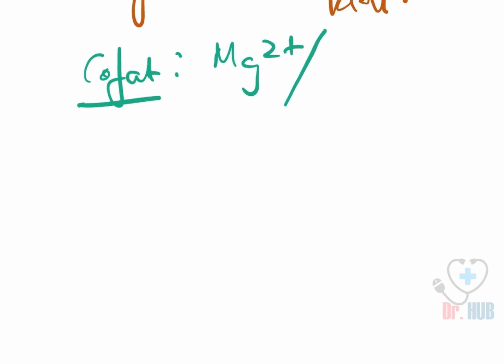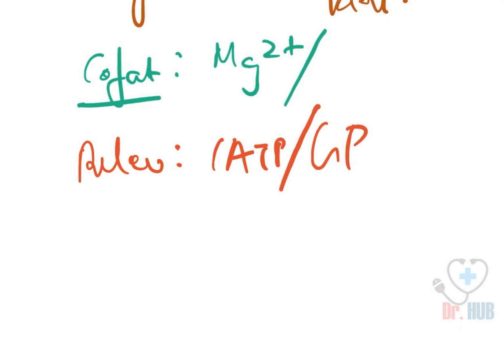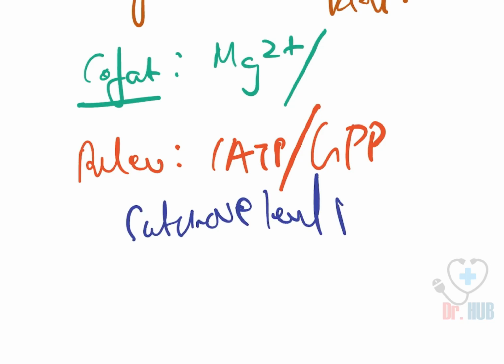What about the cofactor? The cofactor is magnesium. And what does it release? There is release of 1 ATP as well as GTP. There is substrate level phosphorylation as well.